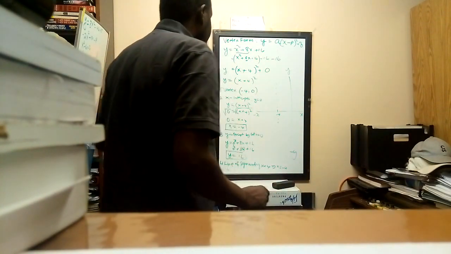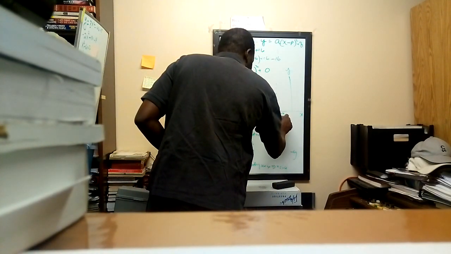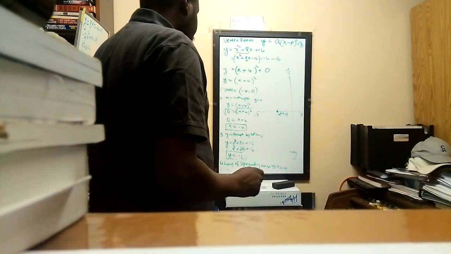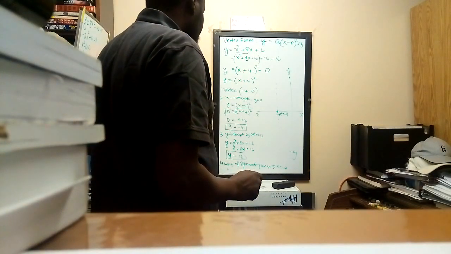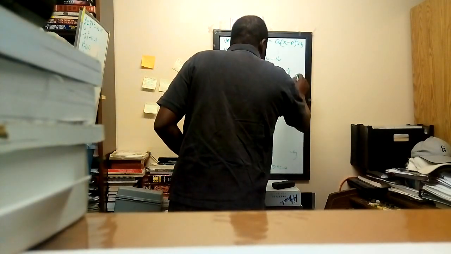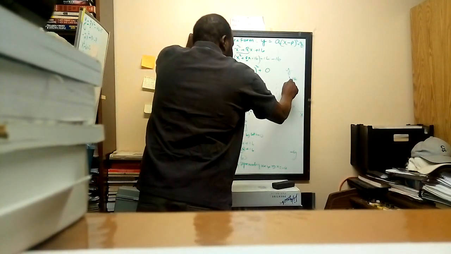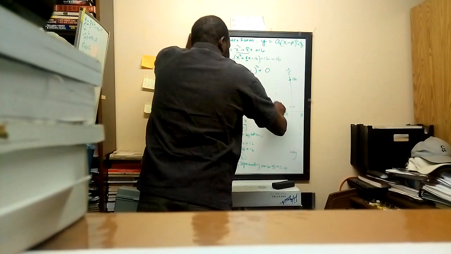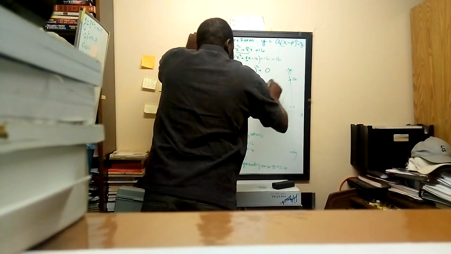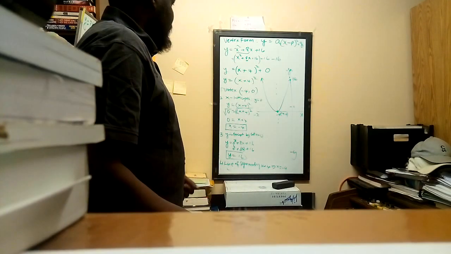Then we put in our vertex, -4 and 0. That's our vertex. Then we put in our y-intercept, going up to 16 somewhere here. Now we have all the information, so we graph. Our graph will go through there and here. It opens up. So it was simple.